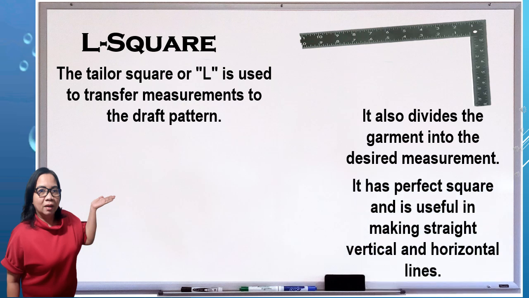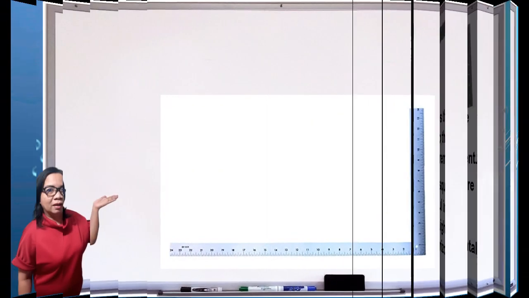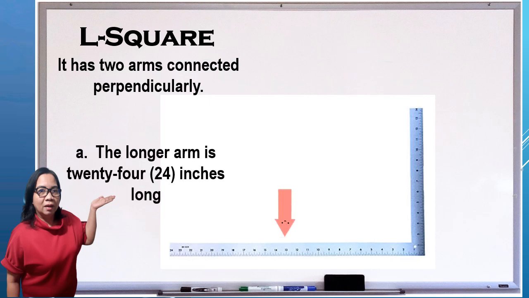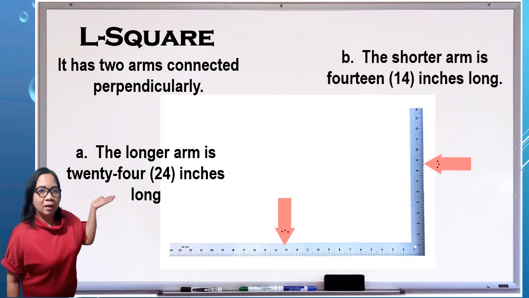It is a perfect square and is useful in making straight, vertical, and horizontal lines. L-square has two arms connected perpendicularly. The long arm is 24 inches long, while the shorter arm is 14 inches long.